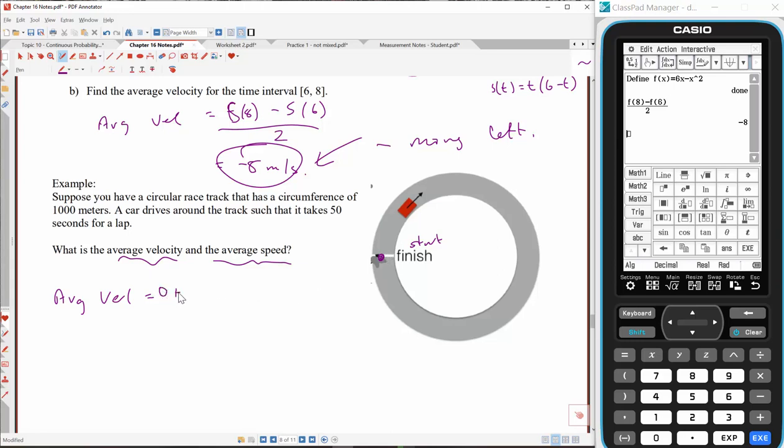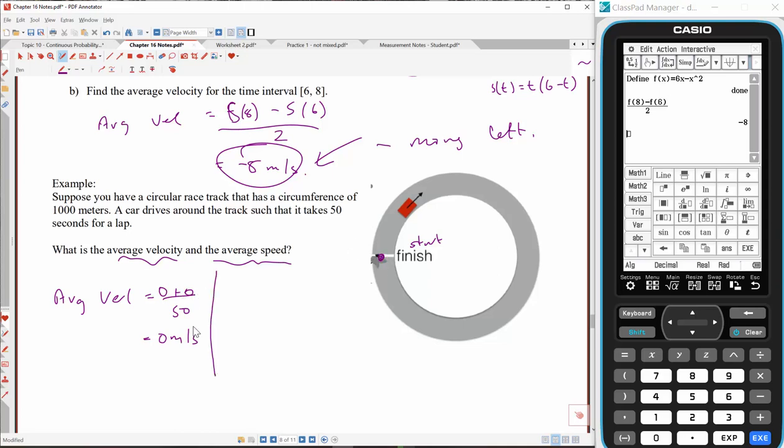So it's going to be 0 minus 0 over the time, not 1,000, it's a really slow lap, over 50 seconds. So change in position, starts at 0, finishes at 0, relative to time, which is 50 seconds. So that's going to be 0 meters per second. Okay, so the velocity in this case here is 0.